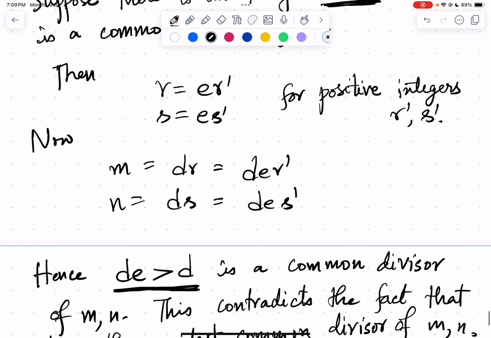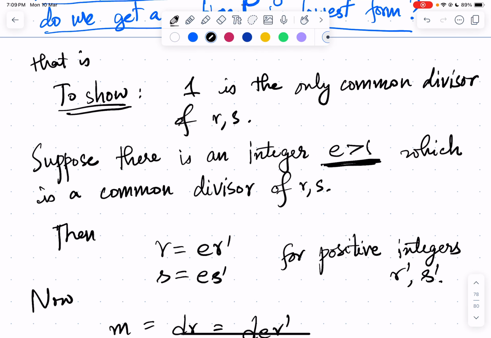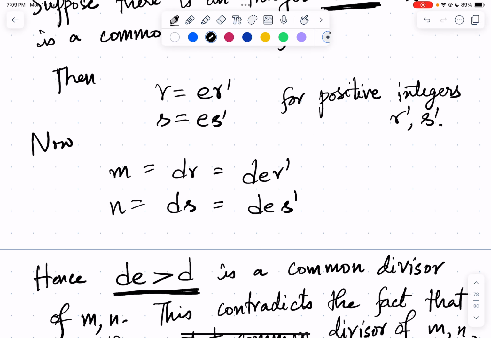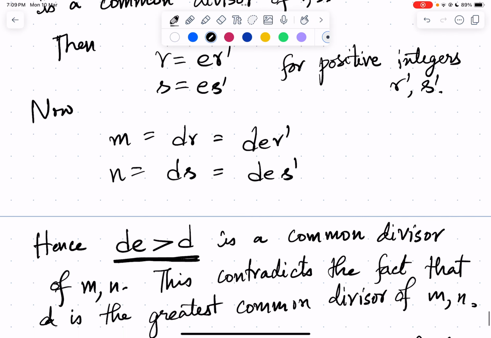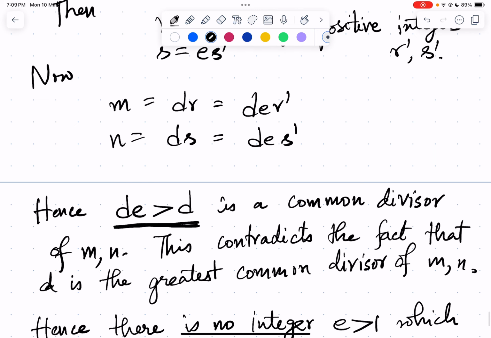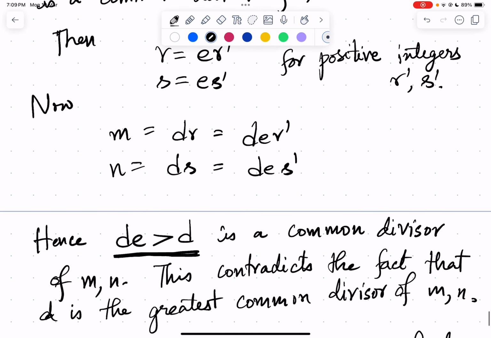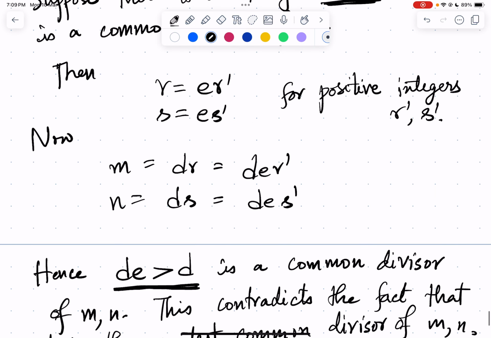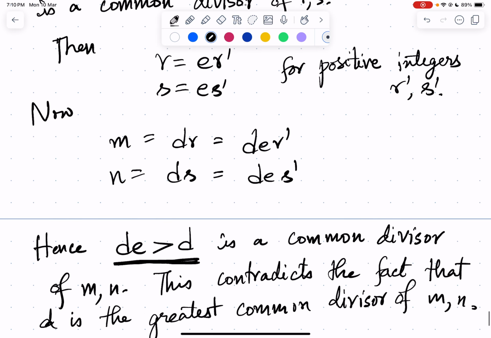Hence de is greater than d. Since e is greater than 1, de will be greater than d. And hence de is a common divisor of m and n. This contradicts the fact that d is the greatest common divisor of m and n. We have found a common divisor de of m and n which is greater than d, so this is a contradiction.